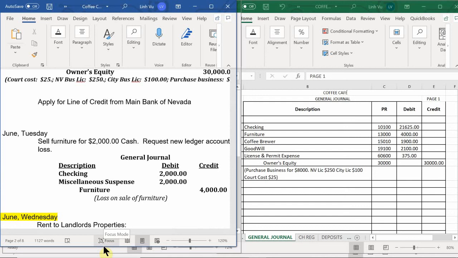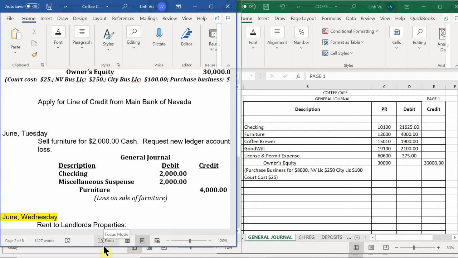Now let's take a look. If I sold all of it, it's supposed to be worth $4,000 because of the historical cost value. This is where I mentioned to you, when you buy your furniture, you record it at historical cost. So in my books, I recorded it for $4,000.